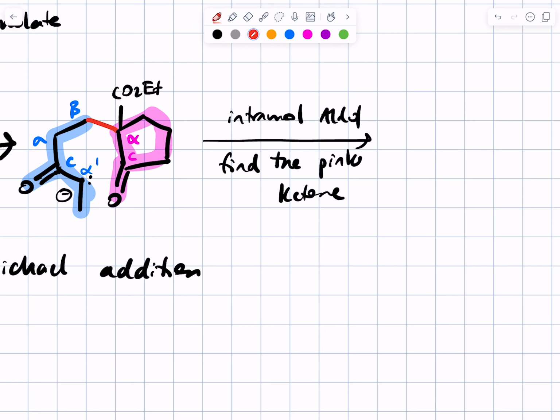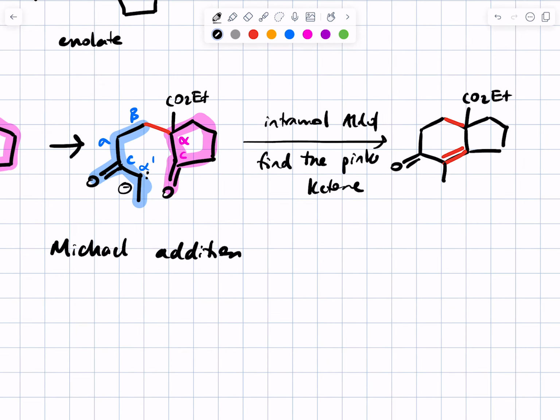That's going to make the six-membered ring, and I'm going to jump ahead past the tetrahedral intermediate and past the beta hydroxy ketone to the final Robinson annulation product, noticing that blue alpha prime also had a methyl group on it, and then I'm going to fill in everything else. And that's my Robinson annulation product.